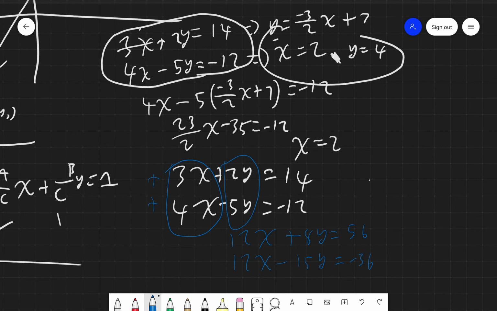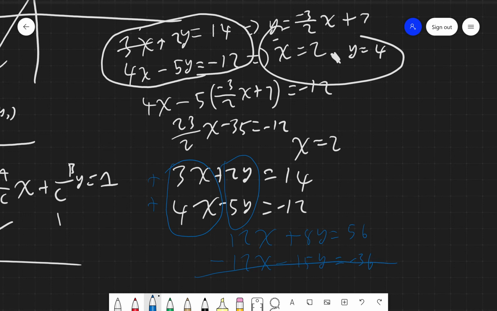So now, what we do with elimination is, because these are the same now, if we subtract one equation from the other, we would still get a valid equation, but we would cancel one of the x's. So whichever one's easier to do, which I would say is subtract the second one from the top one.